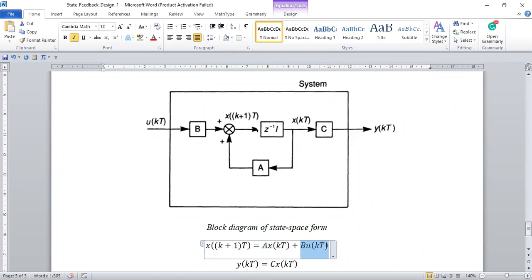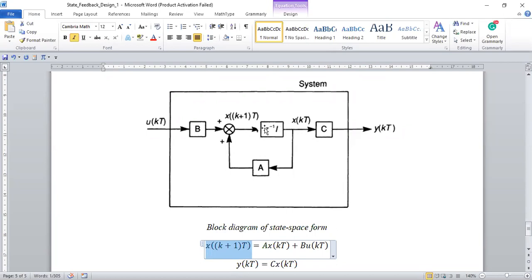Then we need B u of kT. u of kT is the input, and the input is always at the left hand side, indicating that it is the input. So B multiplied by u of kT is going to give us this. We just add the output of this and the output of this together to give us x of (k plus 1)T.